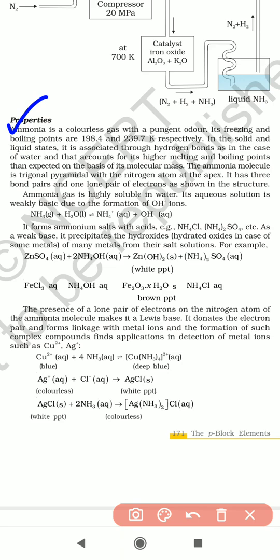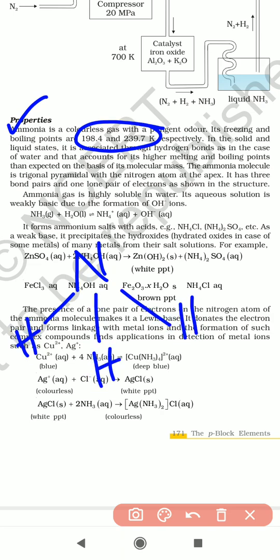So its freezing point is 198.4 and its boiling point is 239.7 kelvins. In the solid and liquid states, it is associated with hydrogen bonds as in the case of water. Just as water molecules have hydrogen bonding, ammonia also has hydrogen bonding in both the liquid and solid states.